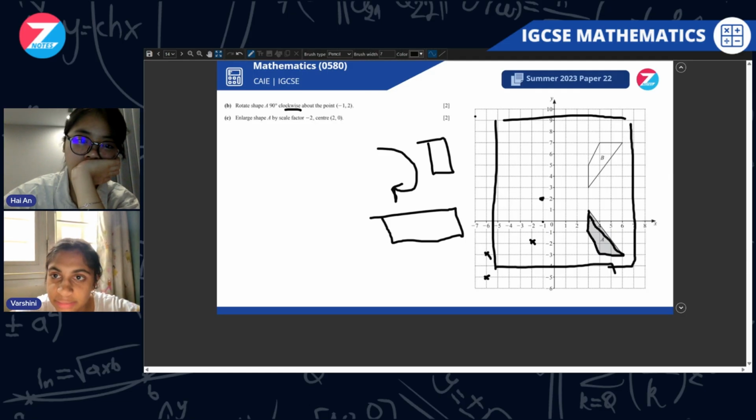And the last point should be at minus 4, minus 2. So that's over here. So shape A should have gone over here. You just connect the lines. Use a scale when you connect the lines. And it should look like this after you've rotated it.